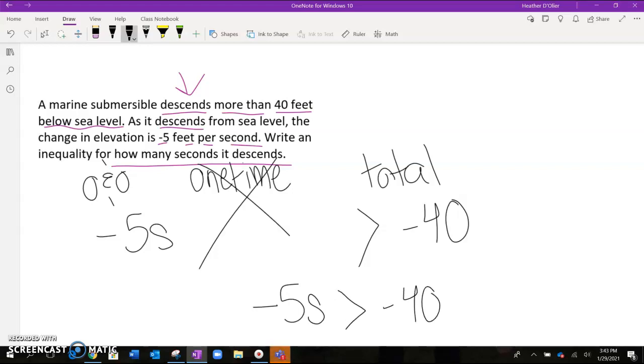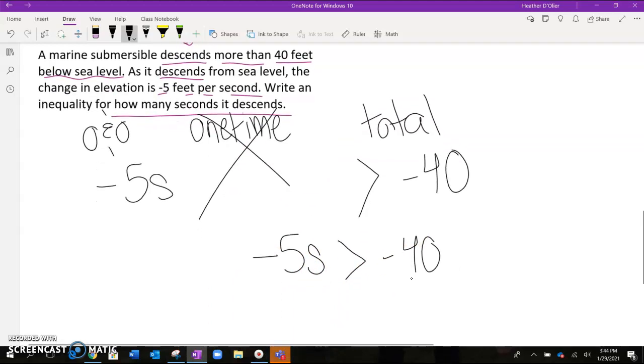The only thing is that it's kind of weird with the -40 being greater, but let me think. Does that make a lot of sense? Yeah, it's oddly written, but it still makes sense because I want the seconds to be greater than that.